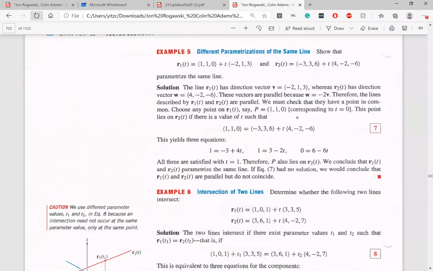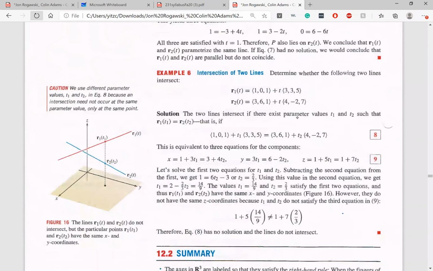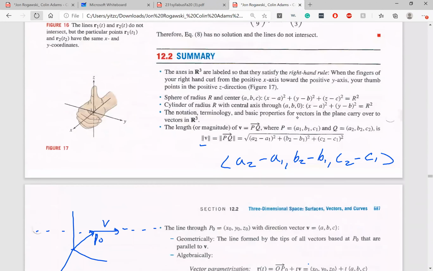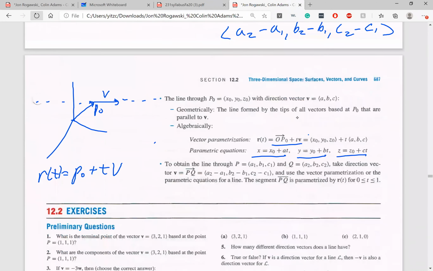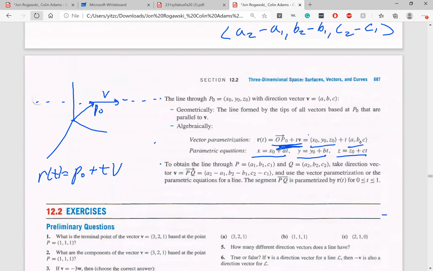For that, you set the two lines equal to each other, like we saw. So these are definitely the type of problems that can appear. And the main stuff that you need to know from this section is the equation for the line. So definitely know the equation for the line and how to read parts of it, how to read this part and how to read that part. Because otherwise you won't be able to solve a lot of problems with regard to lines.